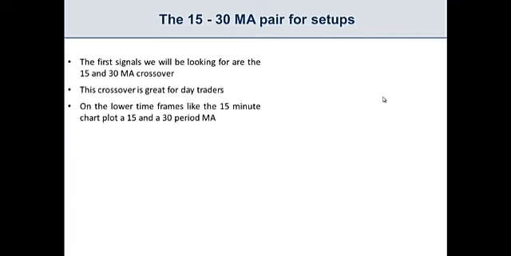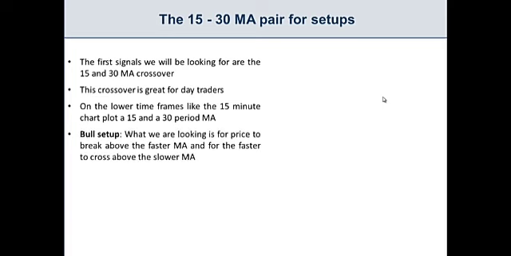So if we plot a 15 period and a 30 period moving average on the 50-minute chart, for example, we are going to get more entries than plotting them on the 4-hour chart. So this system is for day traders that are looking to get a 50 pip or 60 pip move, or maybe a 100 pip profit from a move.